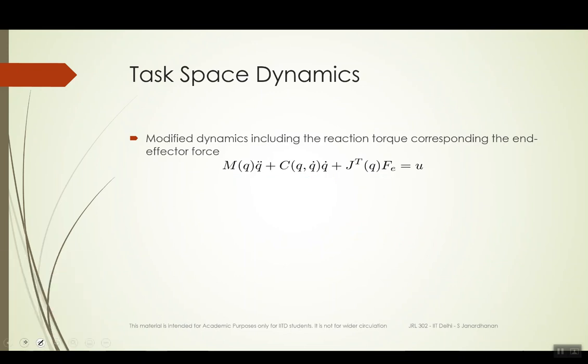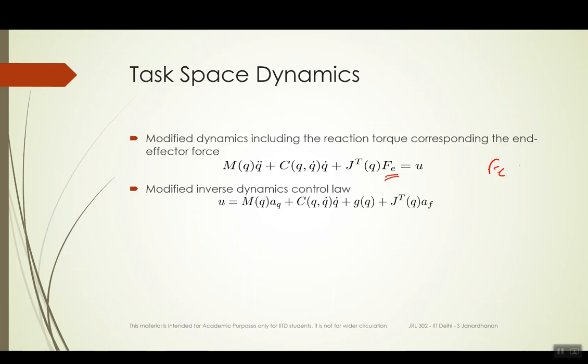Once this is added to the dynamics, as in the case that we had done with the inverse dynamics control, you can say that Fe is the actual force interaction, and AF is the desired interaction.